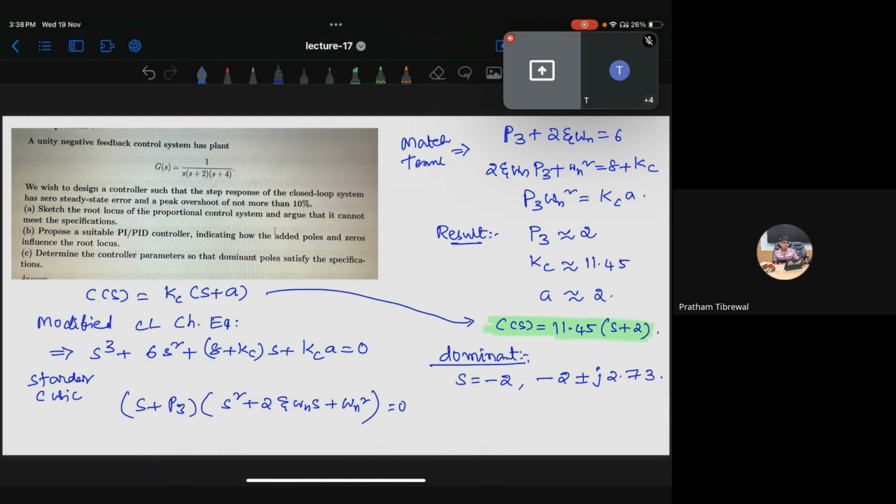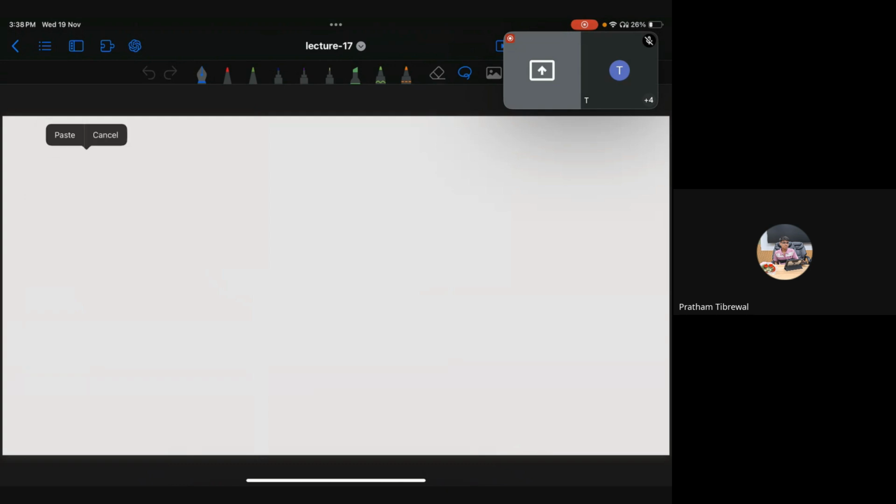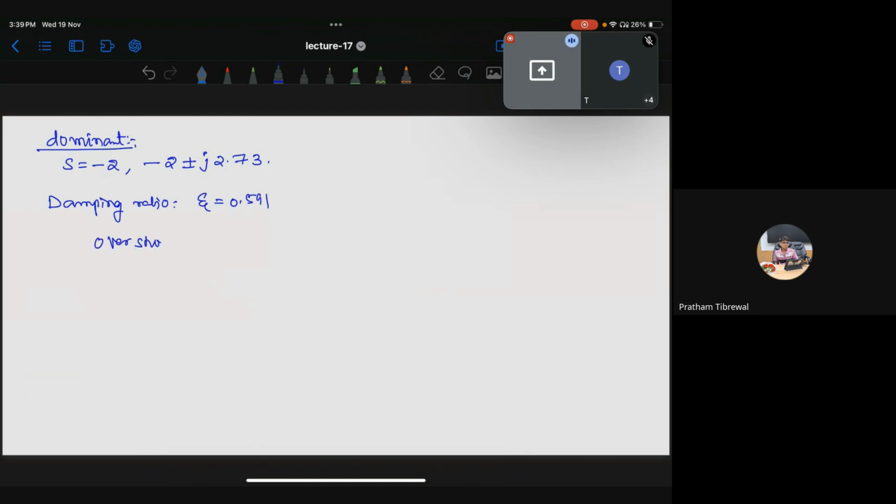From these poles we can write the damping ratio, zeta as 0.591, the same damping ratio, and the overshoot will be the same, 10% only.